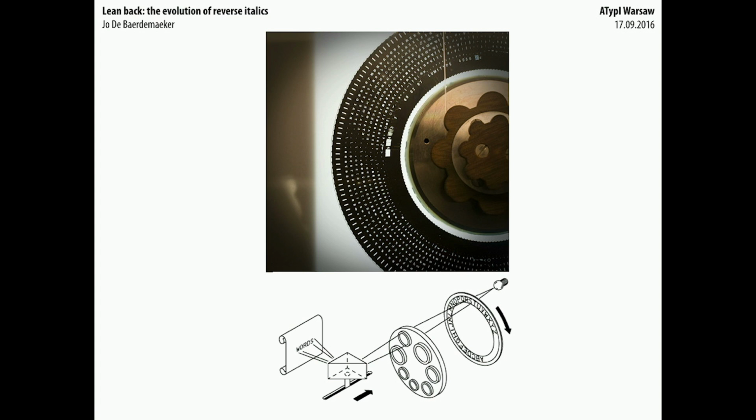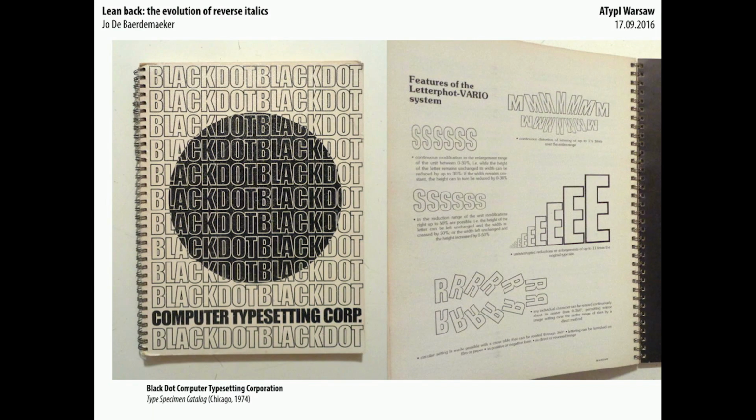And phototypesetting makes use of types that are projected through lenses and mirrors, so that they can easily be modified using one specific Roman type. Alice Savoy, who talked a few days earlier, has done some amazing research about typefaces. So if you want to know more about this, it's better to talk to her than to me. But each of those type specimens actually provided ways of manipulating the typefaces using this specific technique, basically.